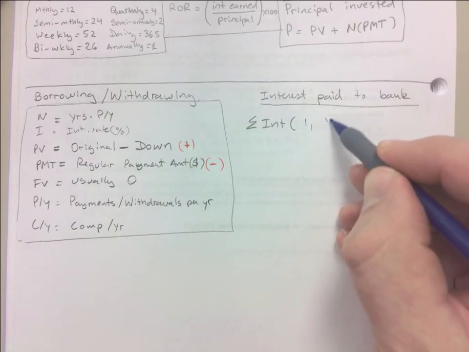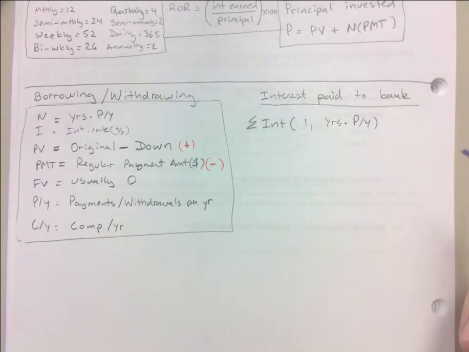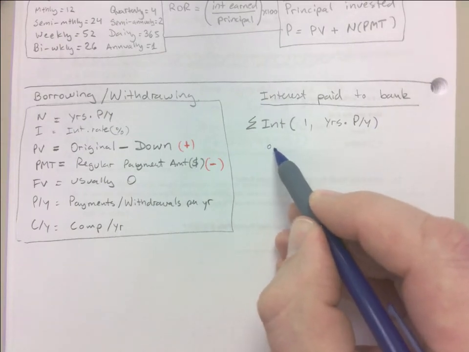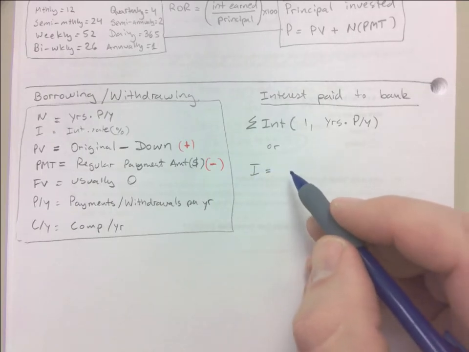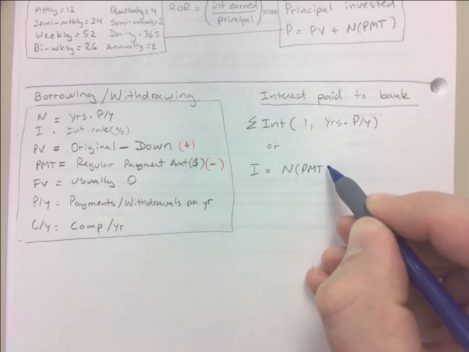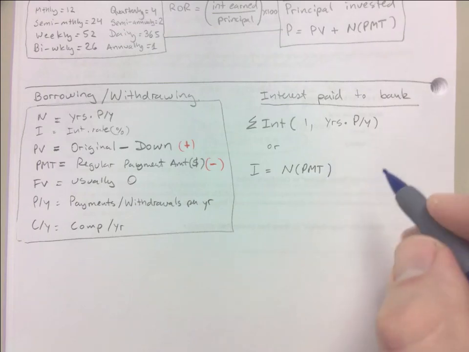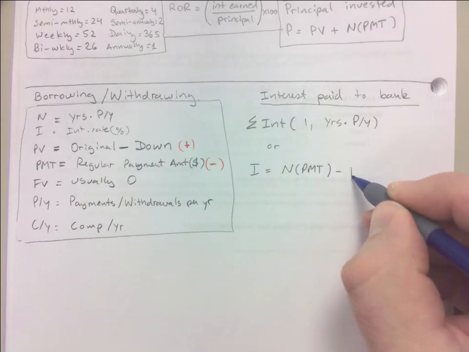It's sum of interest from 1 to years times PY, or interest is N times PMT minus present value.